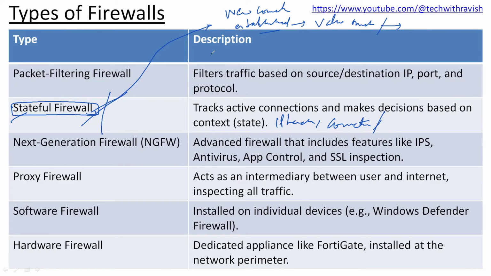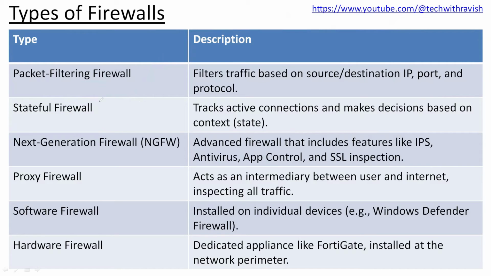It will also filter the traffic on the basis of FTP if any data transfer is going on, and it also blocks corrupted or unexpected traffic. Unauthorized or corrupted traffic is also blocked by the stateful firewall.